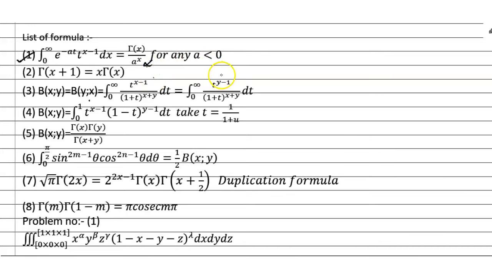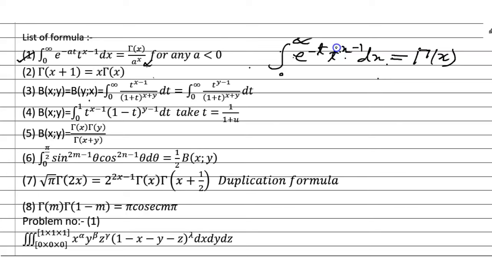So friends, at first we need to know what gamma is. Gamma x is the integral from 0 to infinity of e to the power minus t, t to the power x minus 1 dt, and gamma x plus 1 is equal to x gamma x.